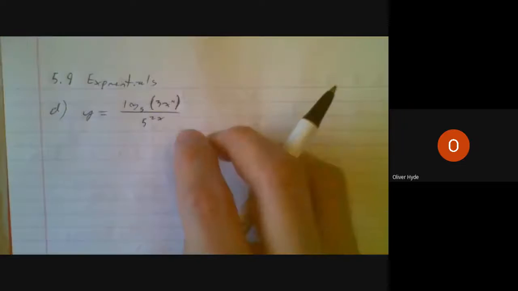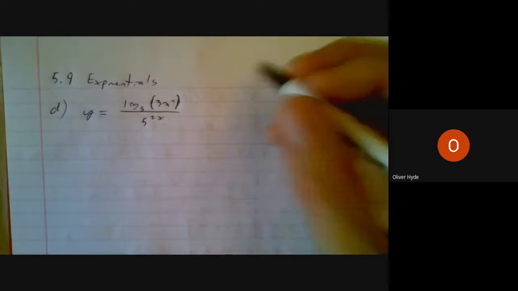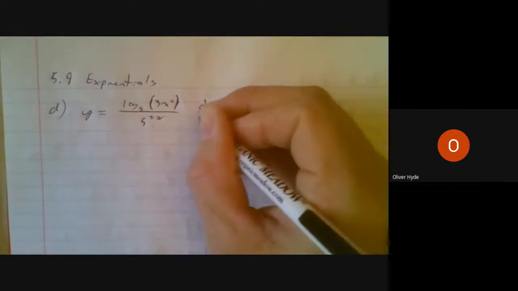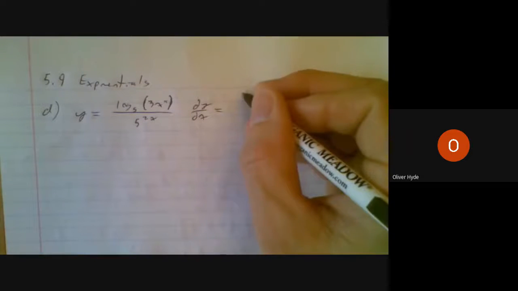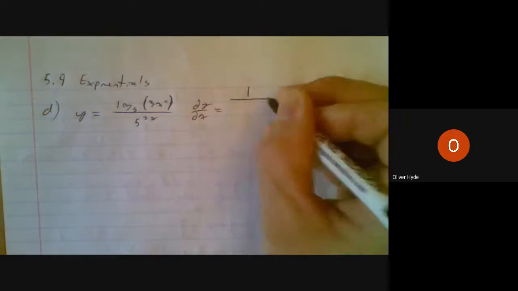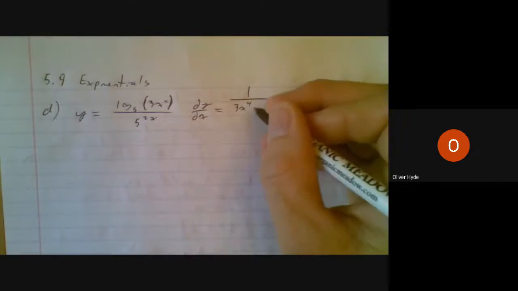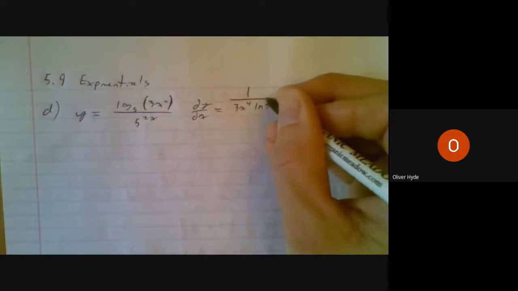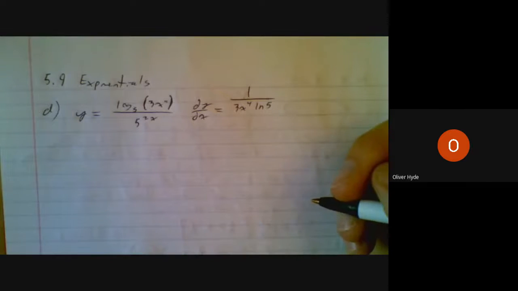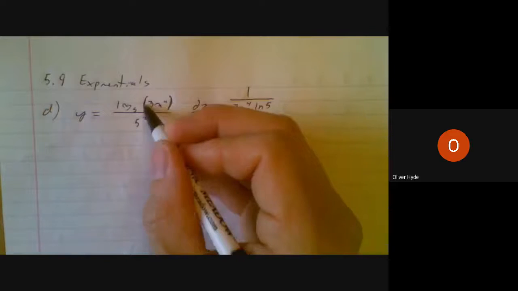Okay, so in the printed notes, I jumped right into the chain rule. Let's take the derivative of the top. The derivative of the top is the derivative of a general logarithm function. So that will be the reciprocal of the power, that's 3x to the exponent 4, multiplied by the reciprocal of the natural logarithm of the base, that's the natural logarithm of 5, multiplied by the derivative of the power.